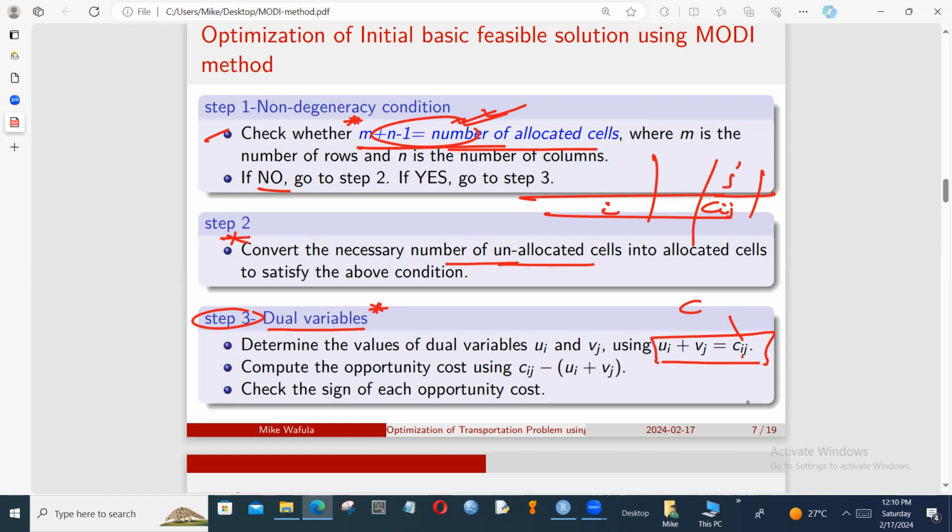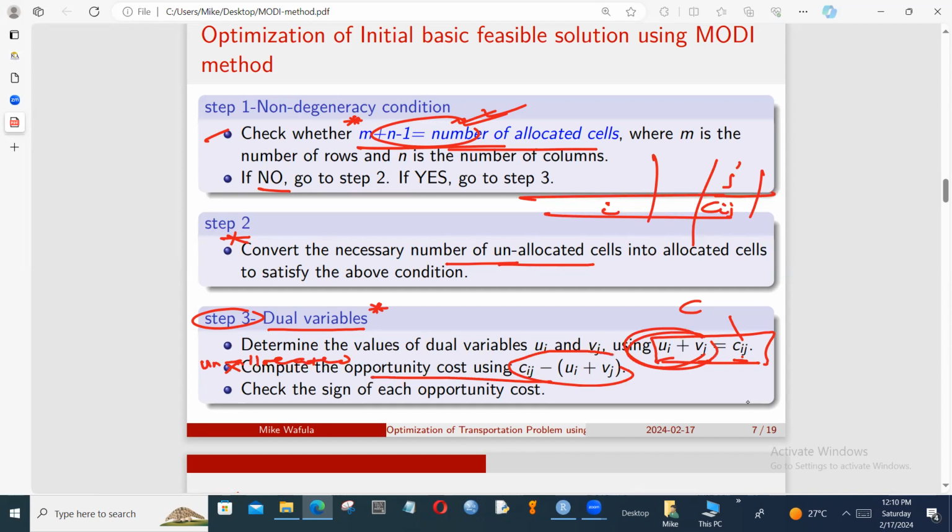Then using the computed UIs and VJs, we shall calculate what we call the opportunity cost. We use the unallocated cells to calculate it, the cells that have not gotten the chance to be allocated.